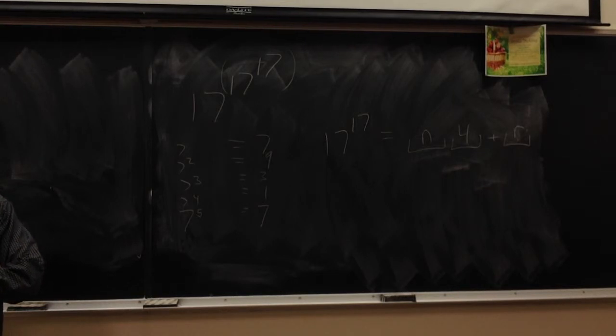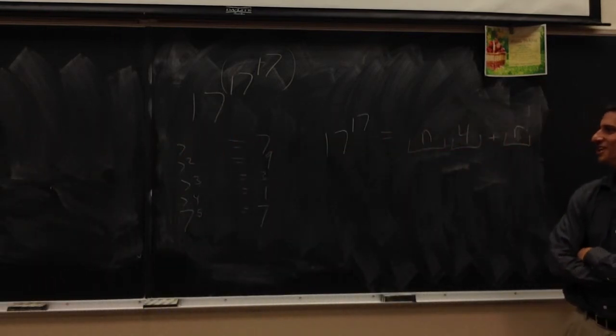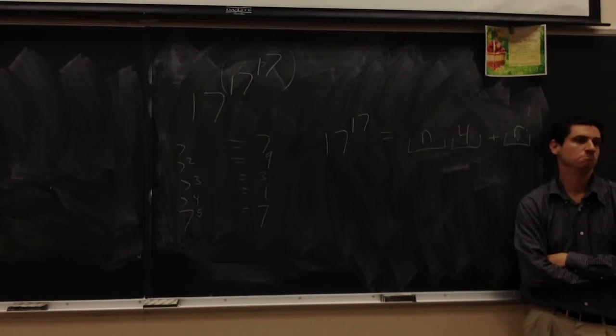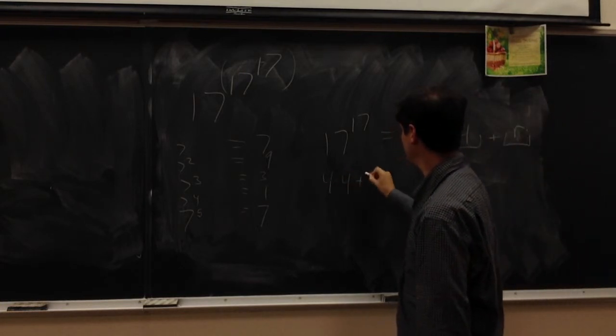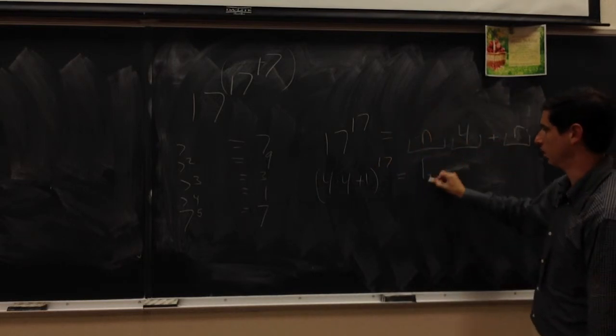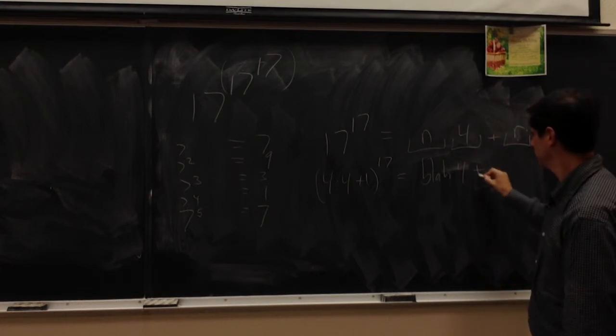So are they being kind to us? They're being extremely kind. This is not a question I wrote. I was immediately viewing 17 as 16 plus 1, but it's better to view it as 4 times 4 plus 1. So this is 4 times 4 plus 1, raised to the 17th power, which is going to be blah times 4 plus 1.